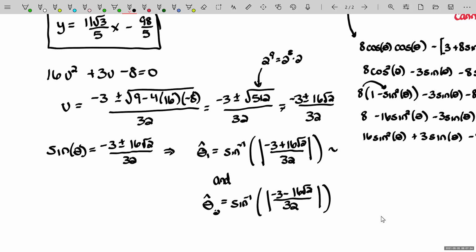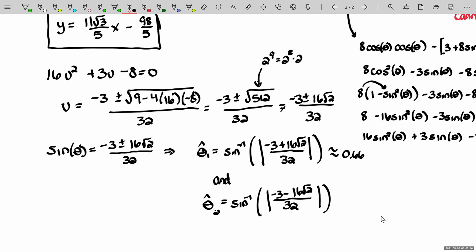So this one right here is approximately 0.66 radians. And the other one, let's see.